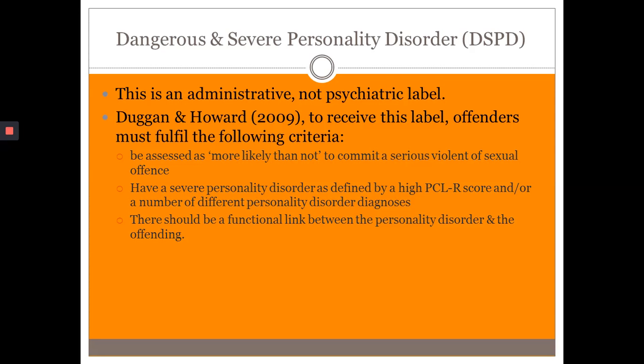But here, with Duggan and Howard's research, they're suggesting that the illness is definitely in some way causing the crime, such as the extreme callousness, the total disregard for others, thrill-seeking, maybe aberrant sexual behaviours and desires that could stem from an illness. That there is a direct correlation between the one and the other.